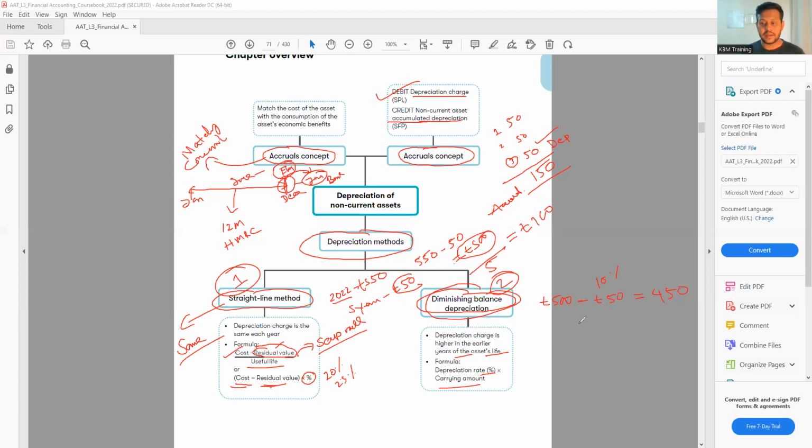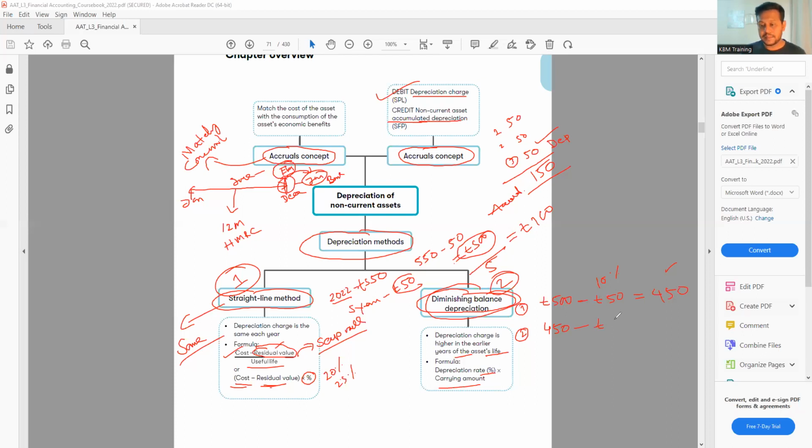So 10% will give us 50, so it is 450 at the end of year number 1. Whatever the balance is, 450, it will be the 450 at the beginning of the next year. Now we do 10% again. 450 times 10% gives us 45.